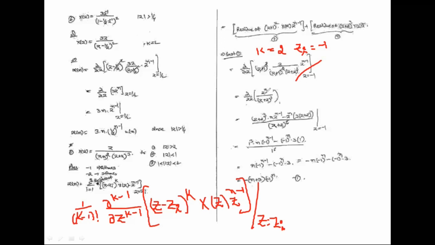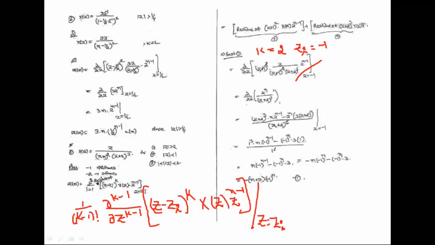Now it is in the form of the u by v rule. Take v first, z plus 2 whole cube, and apply the derivative of u, n into z power n minus 1, minus u into the derivative of v.